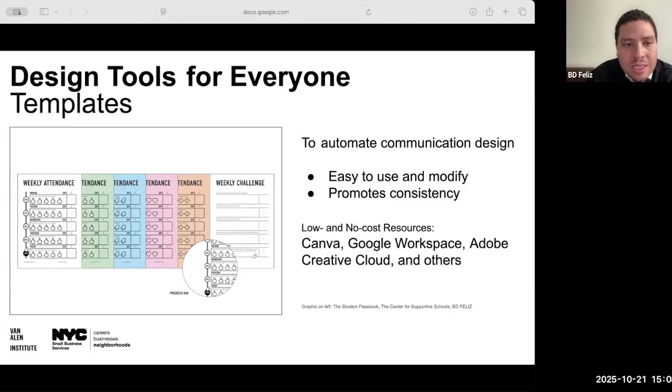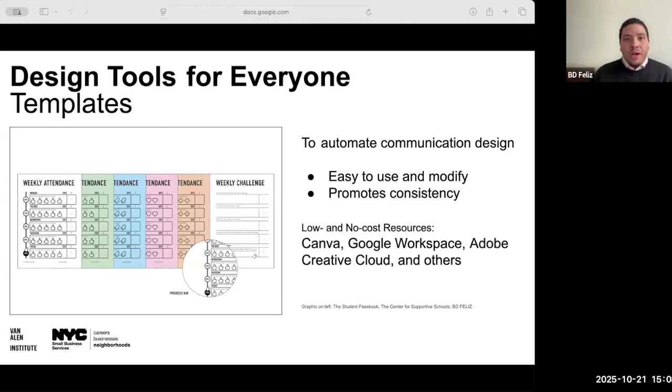So we created this weekly attendance book with different levels where the students are able to rate how they're feeling for the day, and basically get their attendance taken that way. And there were fun games and whatnot.